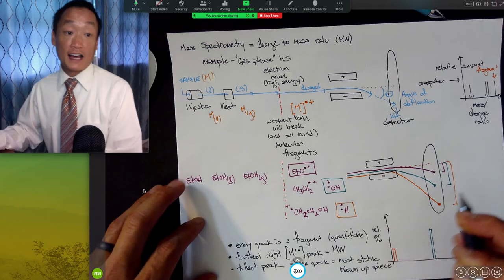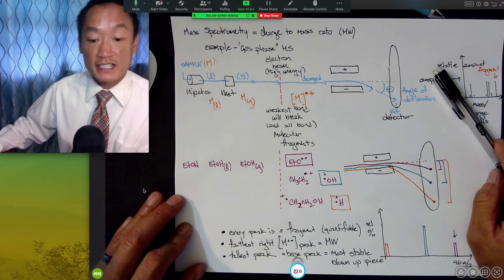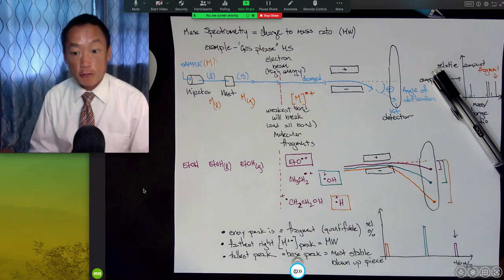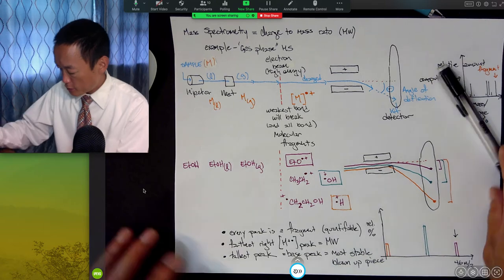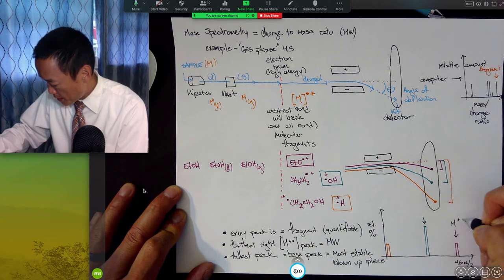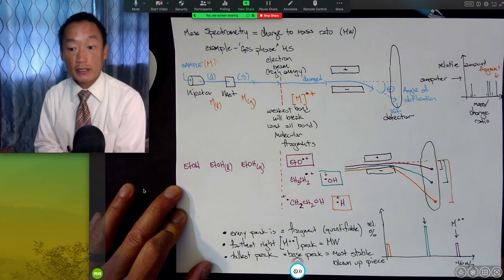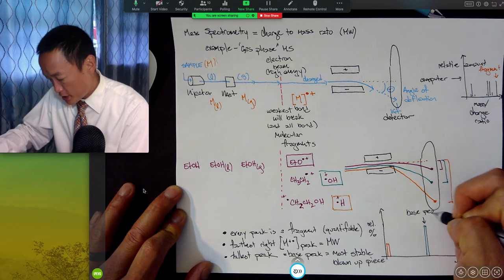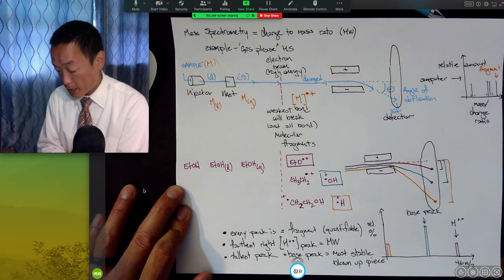I know that's not very scientific, but it's the most stable fragment that we would expect to see. And so this is your M plus dot peak. That should be your molecular weight. This right here is our base peak. And that just happens to be the most stable peak.